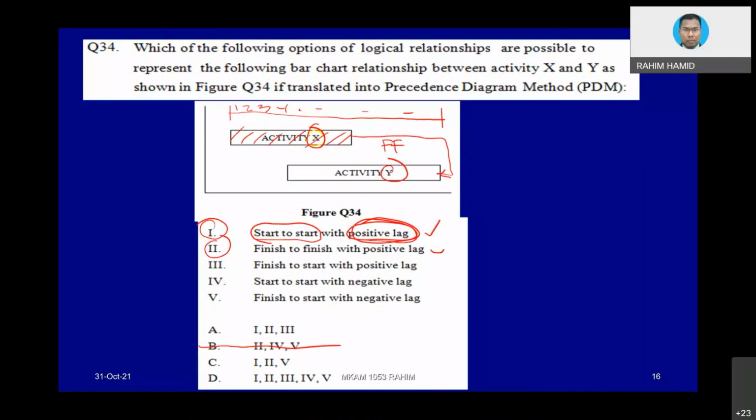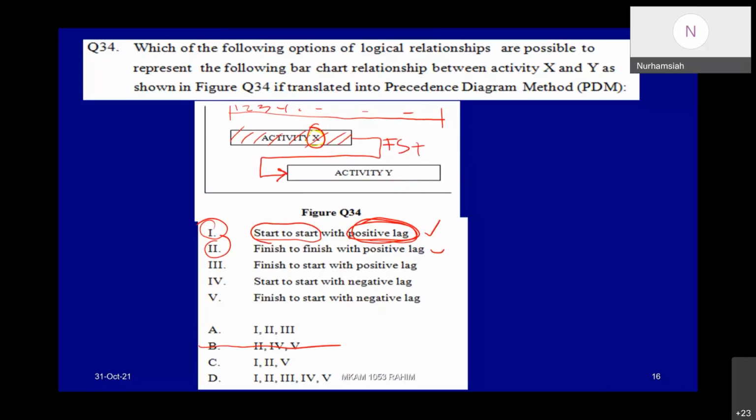Okay, now we go into 3. Finish to start with positive lag. Something like this, FS positive. Is it possible?